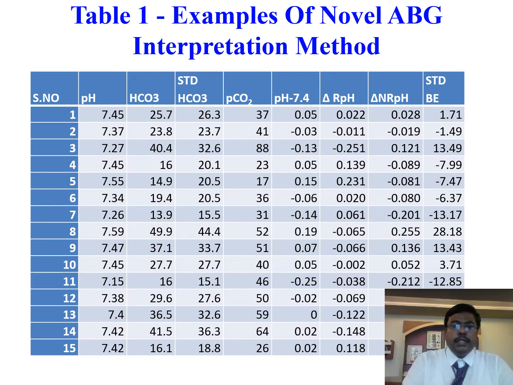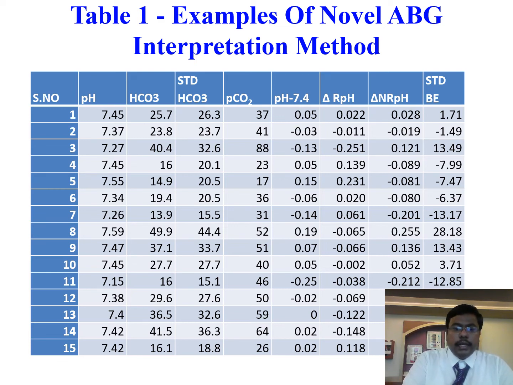If you consider the first example, pH is 7.45, the change in pH minus 7.4 is 0.05. Then you look at the delta RPH and delta NRPH. Delta RPH is 0.022, delta NRPH is 0.028. So delta pH is due to the sum of the delta RPH and delta NRPH.